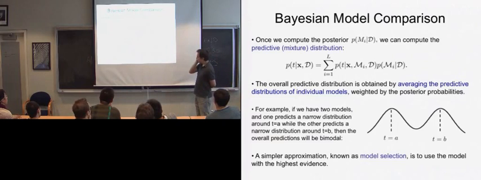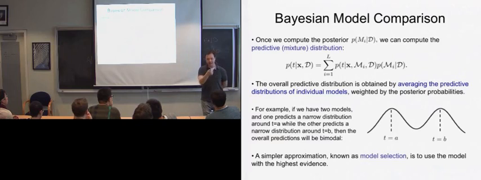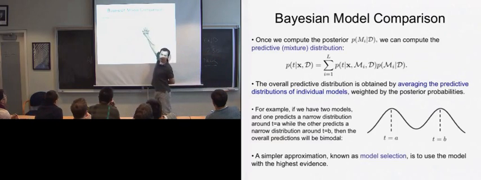Now, a simple approximation that's commonly used in practice is just model selection, where you're effectively trying to find a single model with the highest evidence, that gives the highest probability to the data. Yeah, question? Is there a one over L missing somewhere? No, I don't think there's a one over L, because here you're looking at probabilities, right?